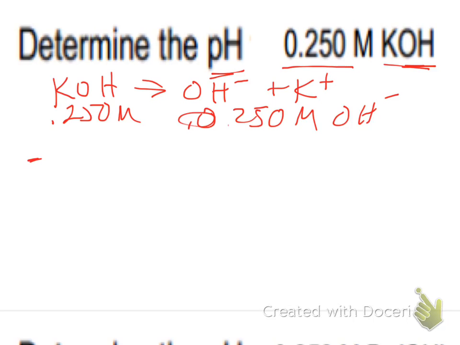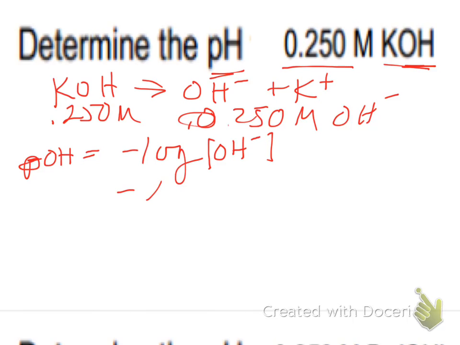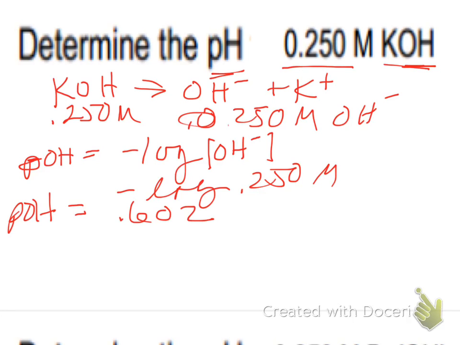So all I need to do to get the pOH is say the negative of the log of the OH minus, which is going to be the negative of the log of 0.250 molar, and that's going to give me a pOH of 0.602.